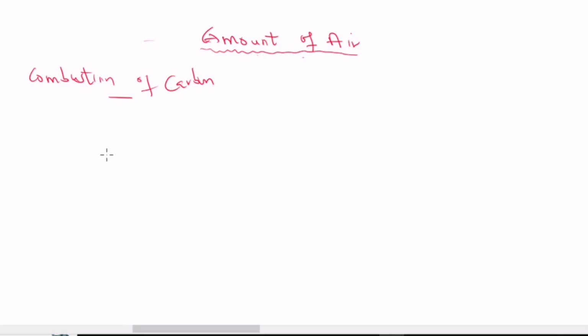So for combustion of carbon, we know that C plus O2 gives you CO2 gas. Now we know that the molar mass of carbon is 12 and the molar mass of oxygen gas is 32, and this is 44 grams per mole.